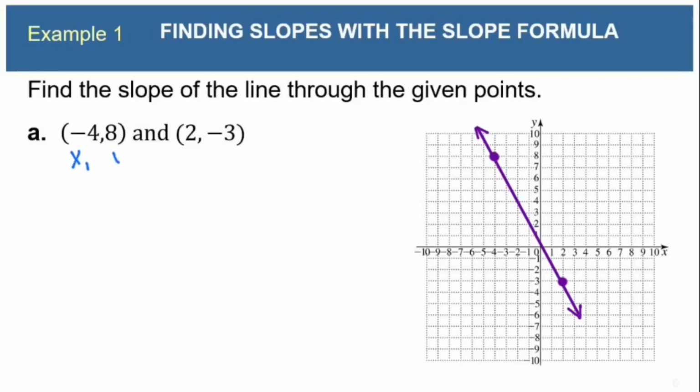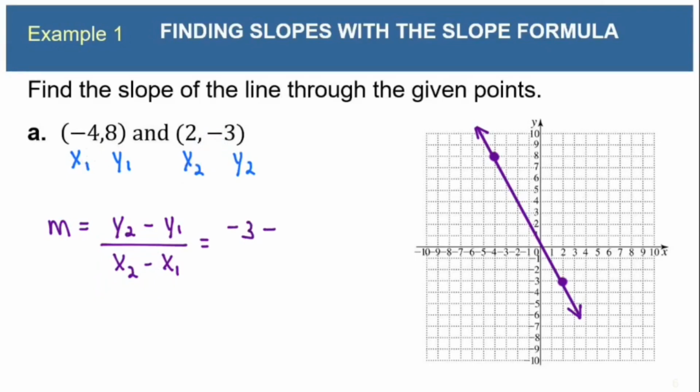So we're going to label our points x1, y1, and x2, y2. I labeled these 1's because they are the first point, and I labeled these 2's because they are from the second point. So x1, y1, x2, y2. And we know the formula is y2 minus y1 over x2 minus x1. So now plugging in the values, that's going to be -3 minus 8.